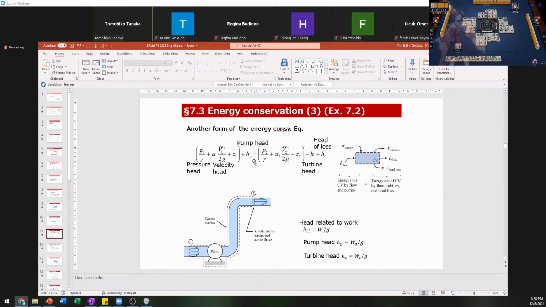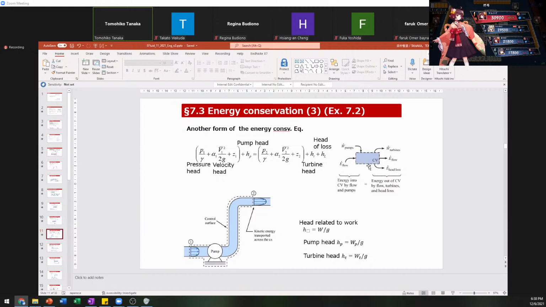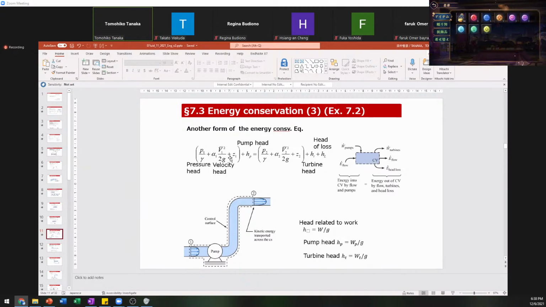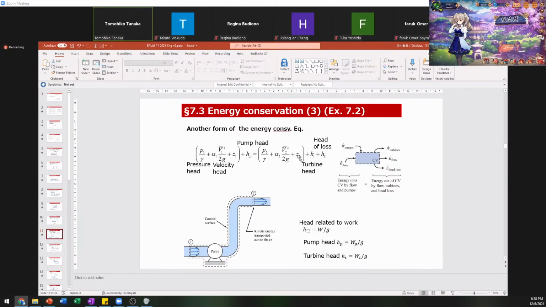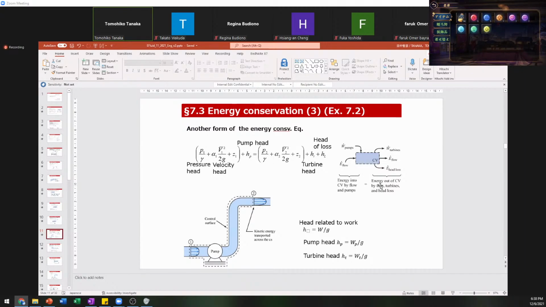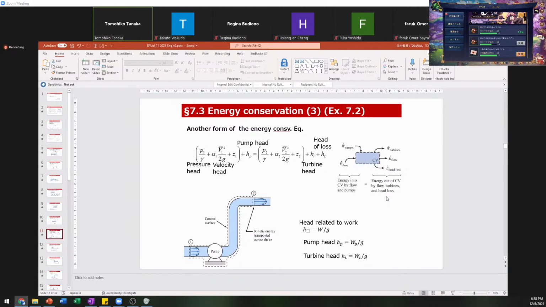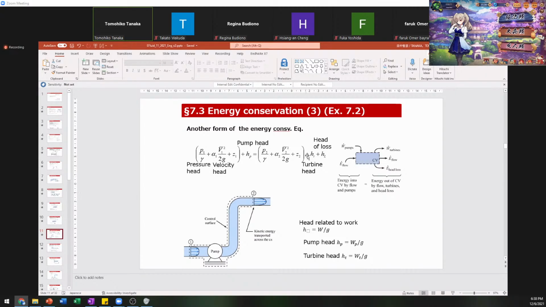This is energy into the control volume by flow and also pump. This is the energy flux, and this is the pump head here. It is equal to energy out of the control volume by flow, turbines, and loss or head loss. Okay, turbine head and also head loss.